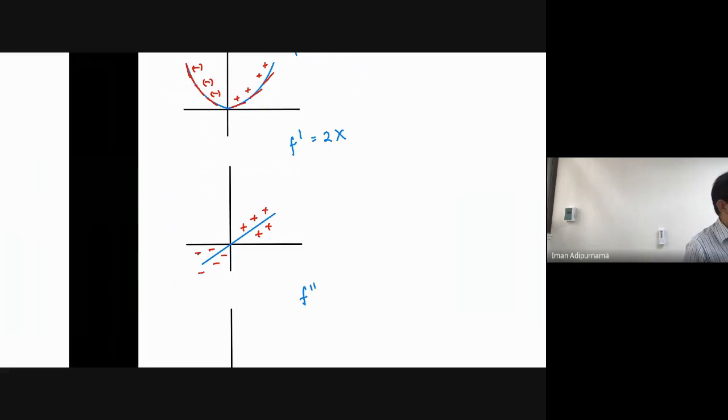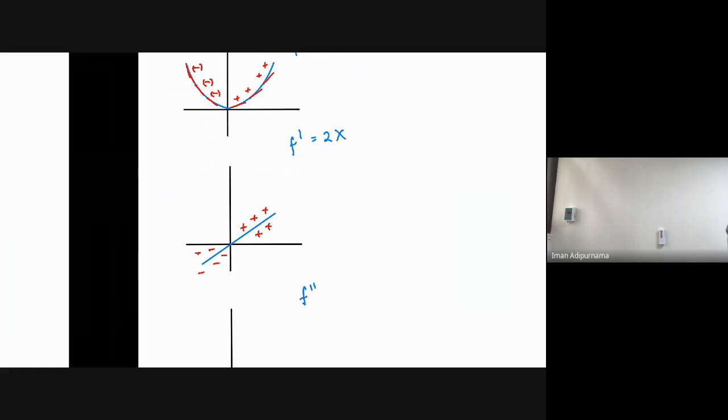Because this is just an illustration from a simple function. If you have more complex functions and you want to at least roughly sketch the graph, from the function you want to sketch the f prime, the first derivative. What you can do is check the sign, where the graph will be, and also check when f prime is equal to 0.